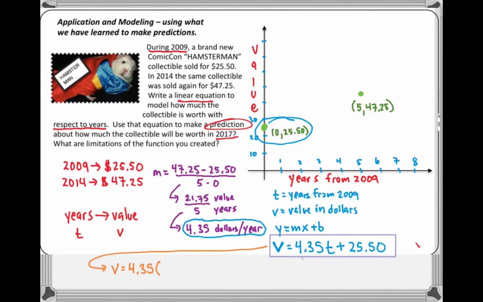From 2009 on over to 2017, I believe that's going to be 8 years, plus this guy right here, 2550. And at the end of the day, our prediction for the 2017 total looks like it's going to be $60.30 in 2017.